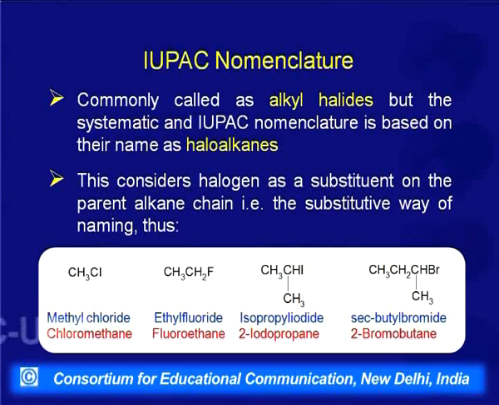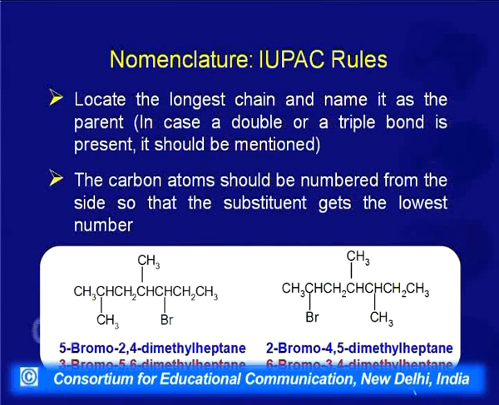Similarly, ethyl fluoride will be named as fluoroethane, isopropyl iodide will be named as 2-iodopropane, and secondary butyl bromide will be named as 2-bromobutane. And we shall see what are the rules of this IUPAC nomenclature.